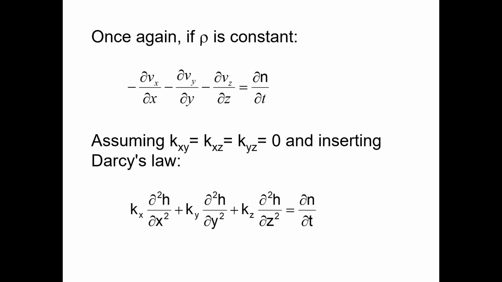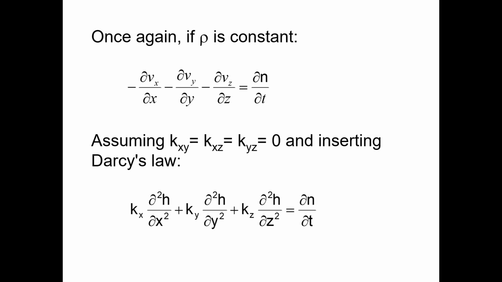And so if we make the same assumptions and continue like we did before, assuming the off-diagonal terms of K are 0, and inserting Darcy's law, we come up with this equation, which is exactly the same as before, except on the right-hand side we have the derivative of the porosity with respect to time.